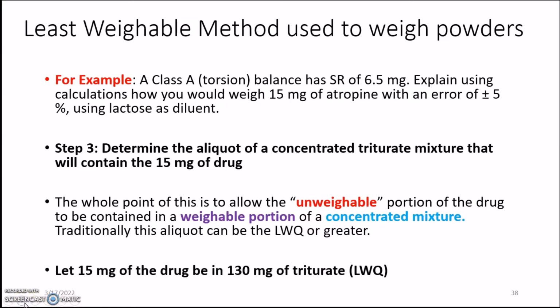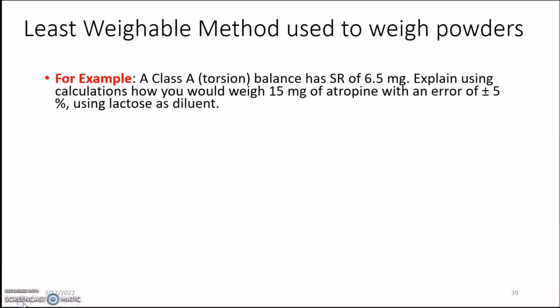So we're going to let 15 milligrams of the drug be contained in 130 milligrams of triturate. We are going to make that statement. So from the onset, the amount of drug that we want to weigh, we're going to let it be contained in a portion, or an aliquot, of a known mixture or triturate.